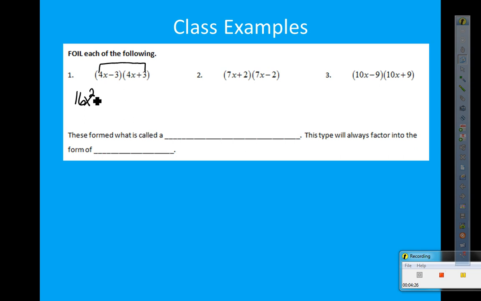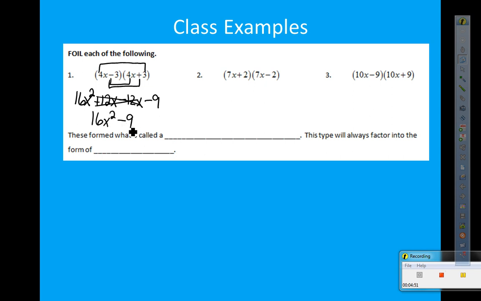Positive 4x times positive 3 is positive 12x. And then I'm going to go inner and get negative 12x. And I'm going to get -3 times positive 3, minus 9. When I simplify this, notice these middle terms drop out. So I'm left with 16x squared minus 9.